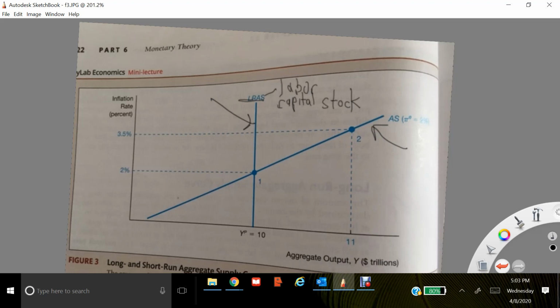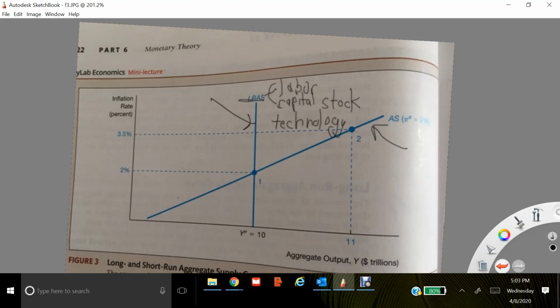So we've got labor, capital, and then the state of technology. So knowledge would actually go into technology. These are the three factors.